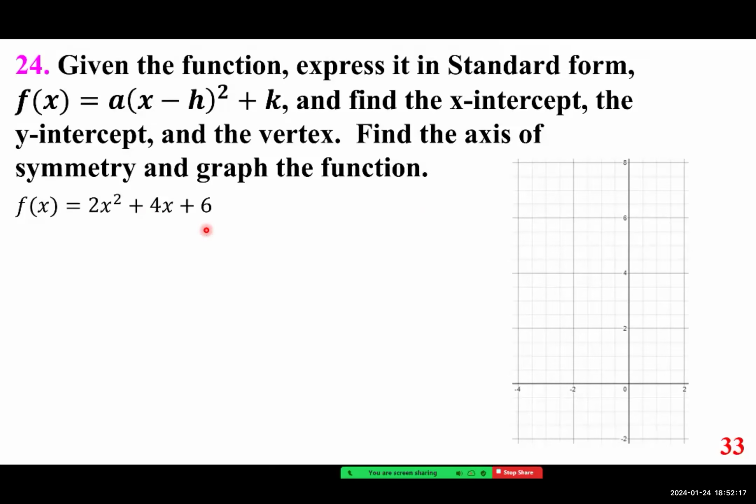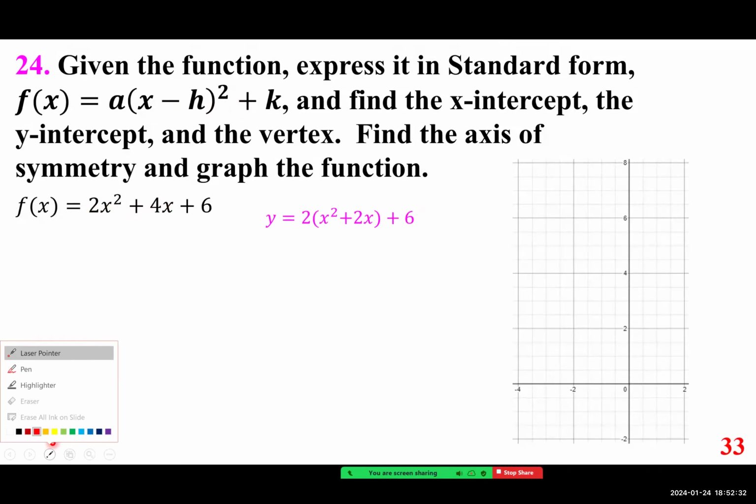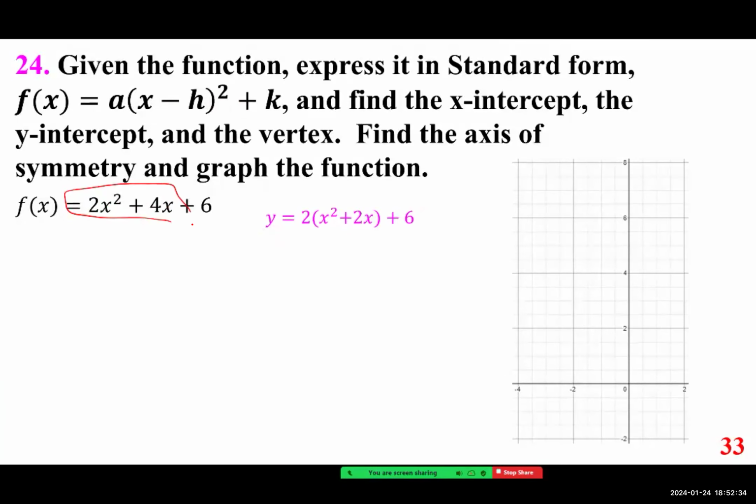In order to put it in the format, which in many texts they call vertex format because it gives the vertex, what you do is take the 2 out from these two terms, and now you are going to complete this square.